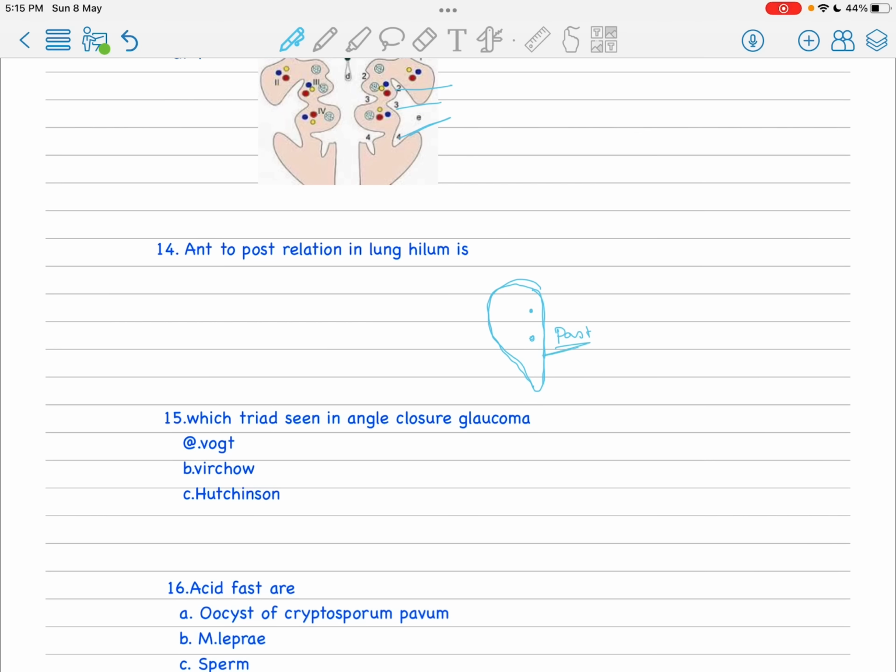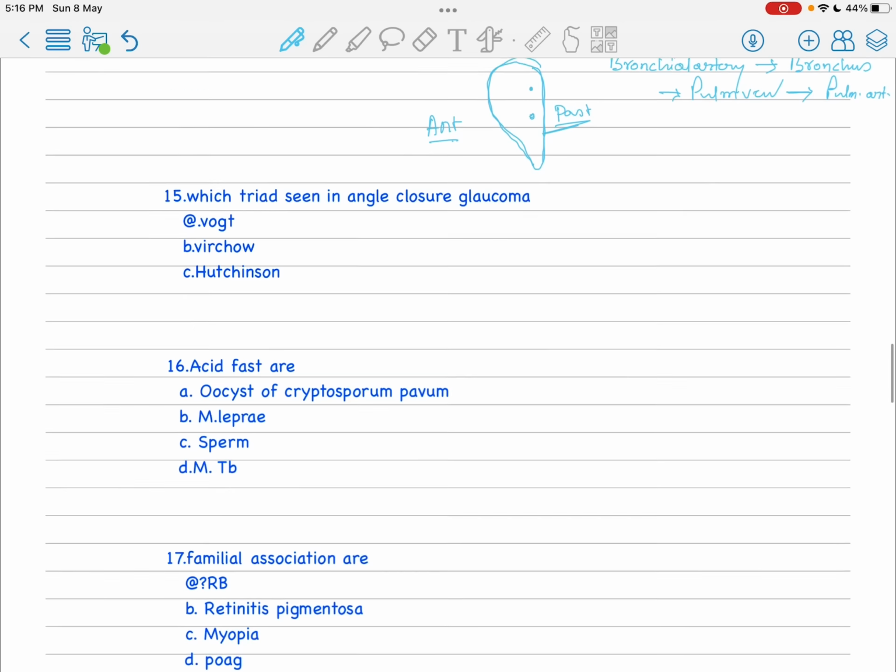Anterior is the bronchial artery, then the bronchus, pulmonary vein, then pulmonary artery. This is the simple algorithm of relationships from anterior to posterior of the lung hilum.